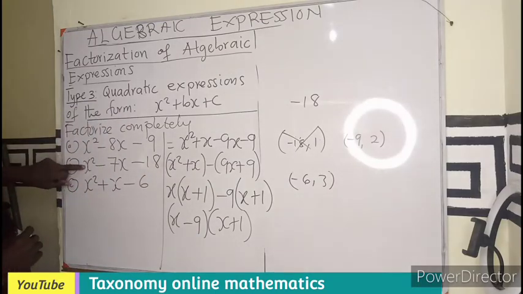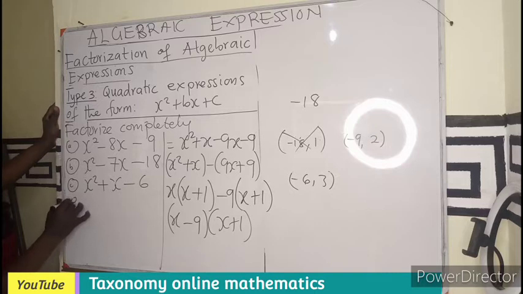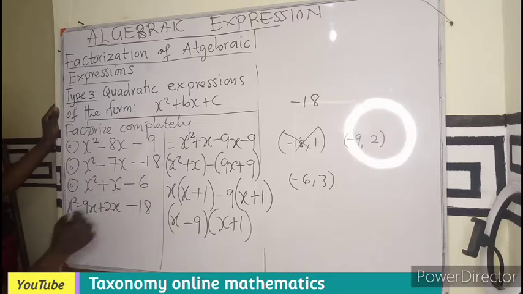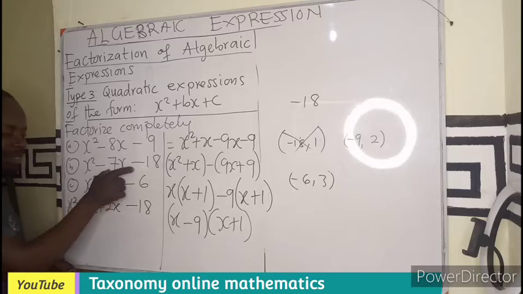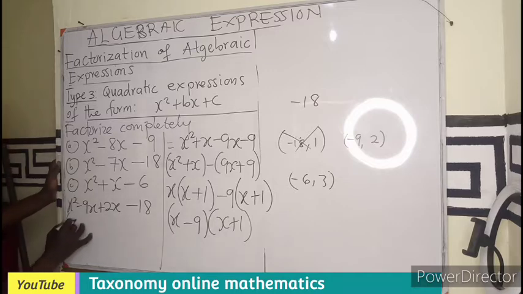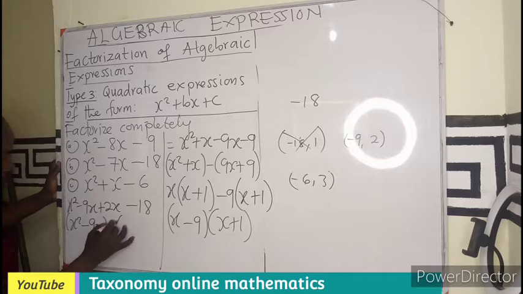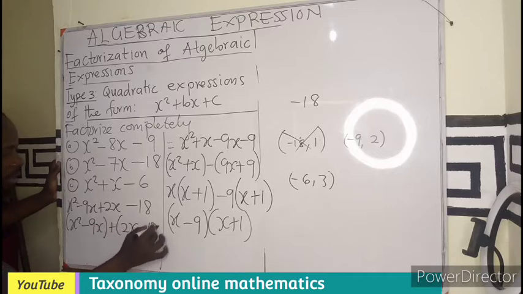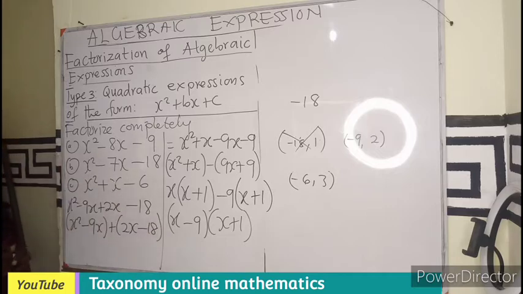So right away, this is going to be x squared minus 9x plus 2x minus 18, replacing the minus 7x with minus 9x and positive 2x. So grouping becomes x squared minus 9x in this bracket, plus 2x minus 18 in another bracket.